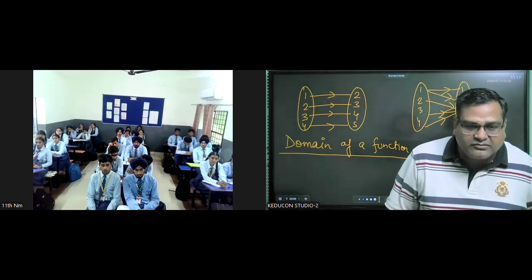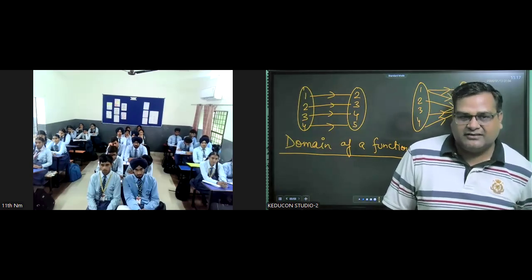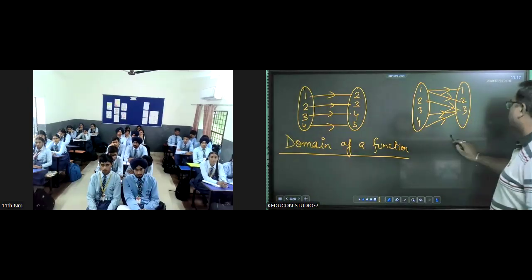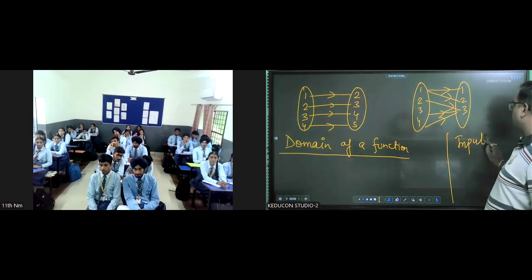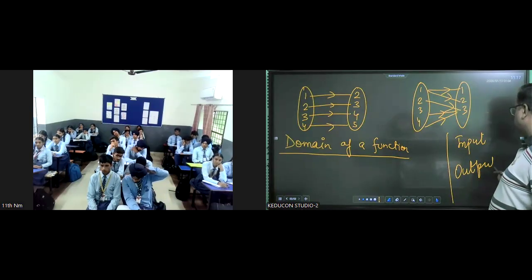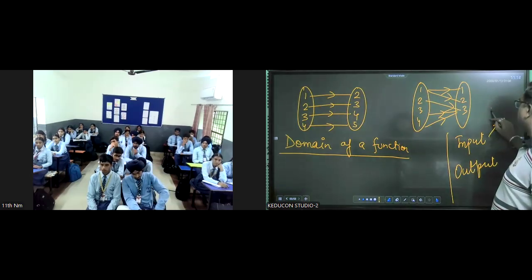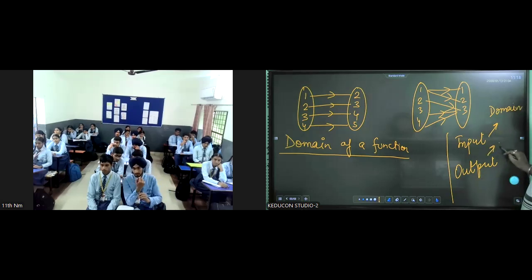बोलो बेटा, आप लोगों में से कुछ लोग कंप्यूटर करते हैं, कंप्यूटर के बारे में तो पता होगा ना? कंप्यूटर में दो टर्म्स होती हैं बेटा, एक होती है इनपुट, एक होती है आउटपुट। इनपुट इज नथिंग बट द डोमेन और आउटपुट क्या आ जाती है?